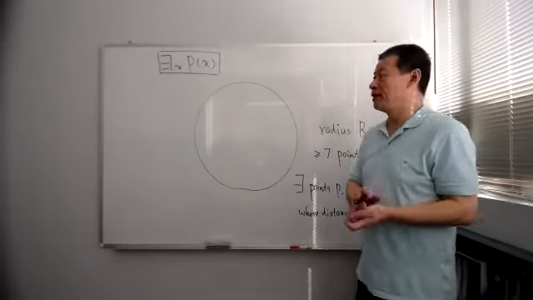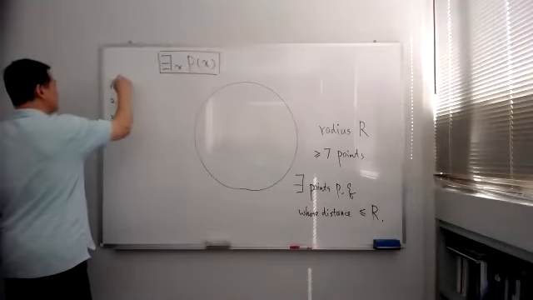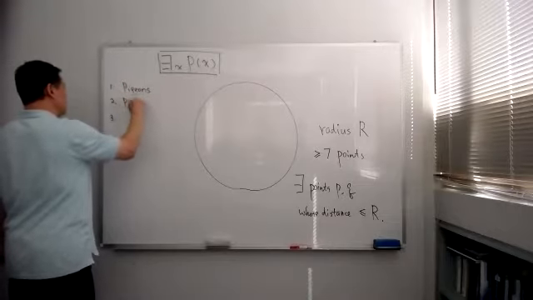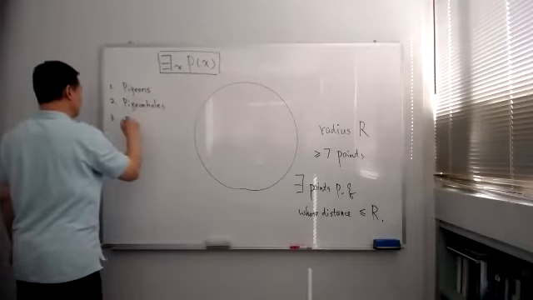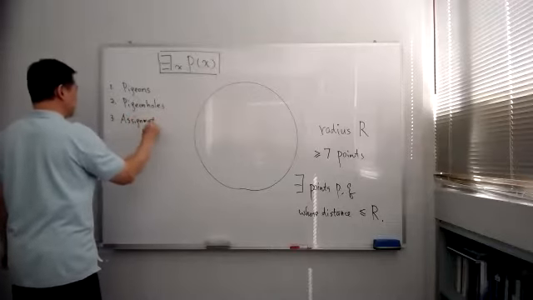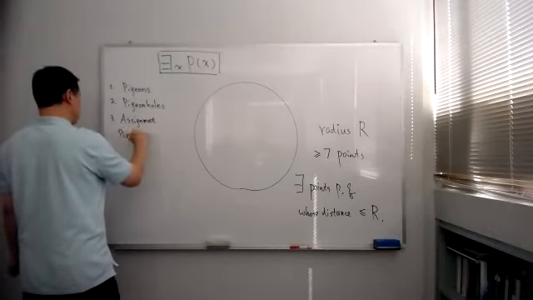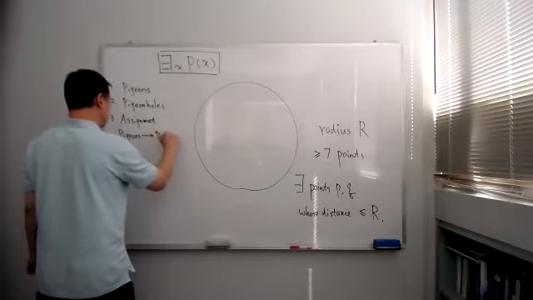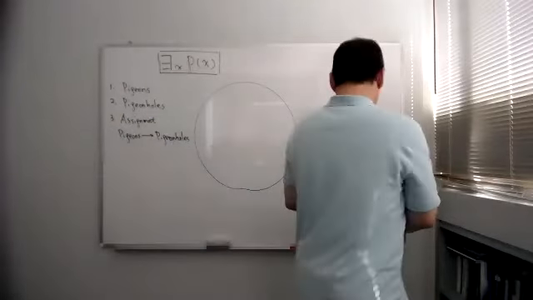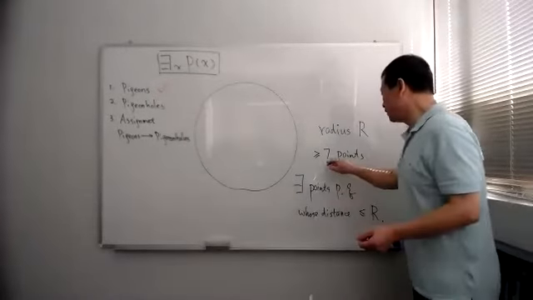These are the 3 main things. Usually the first one is simple, very obvious. So here, it's 7 points. These are pigeons.